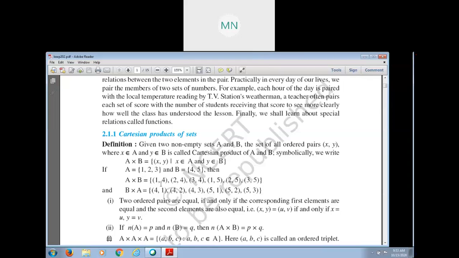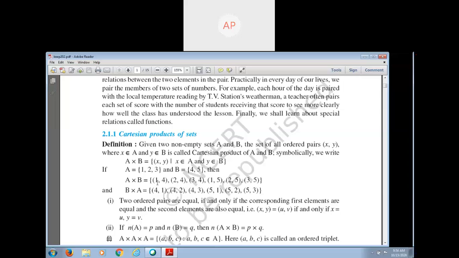Yes, ma'am. See the first element of this ordered pair (1, 4). The first element is 1. And the first element of the other ordered pair (4, 1) is 4.